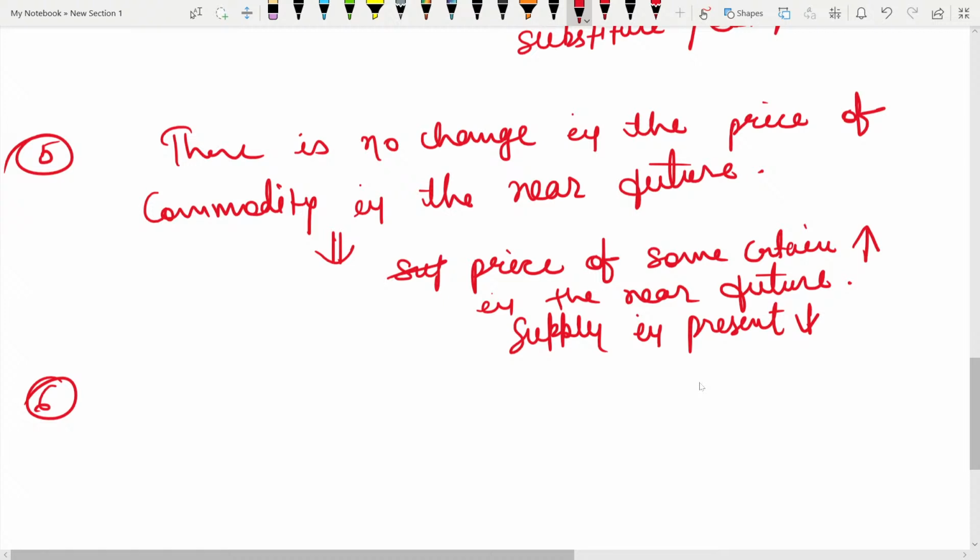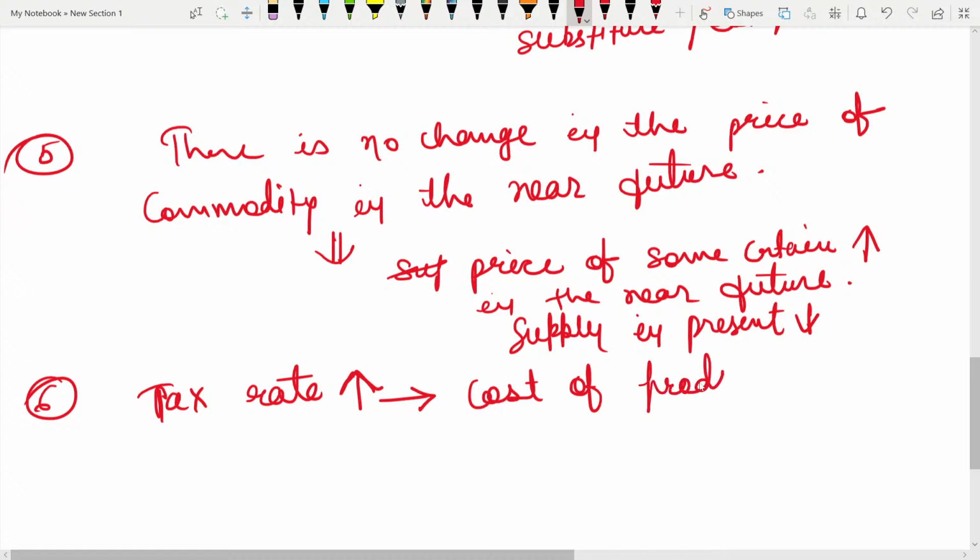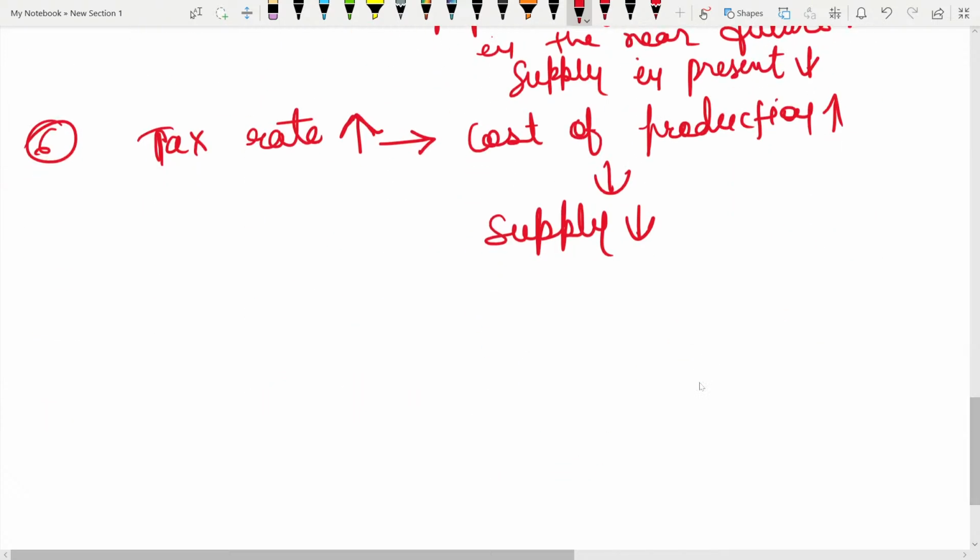Let's suppose the government imposes certain taxes on production. So the cost of production goes up, and this can hinder the supply. This will also invalidate the assumptions of the law of supply.